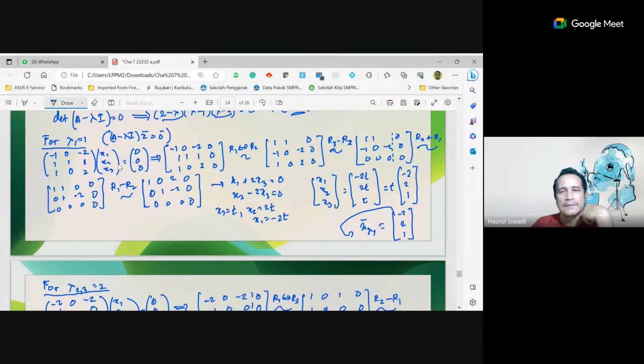This is 1. This must be 1. This is minus 1 here. R1 minus R2 must be 0, 2 minus 1 here.